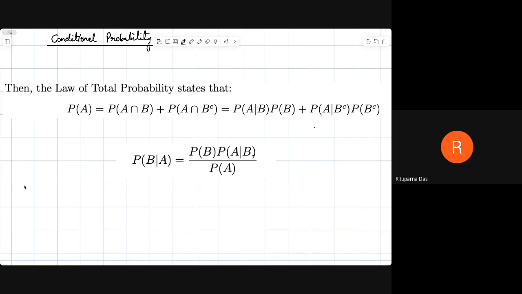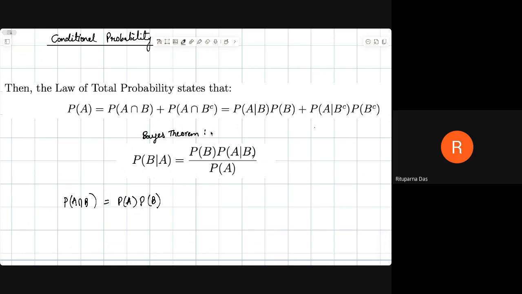When two events are independent, then P of A intersection B is P of A into P of B, right? But this does not happen for Bayes theorem.